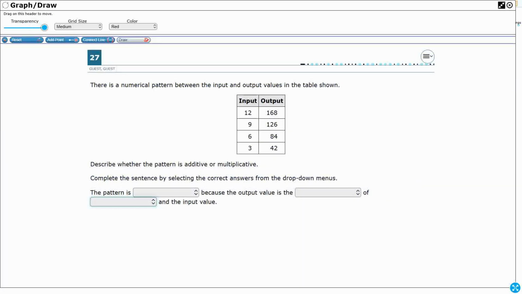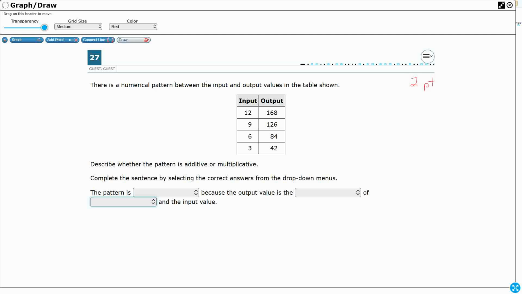All right, so we have a sentence that we need to complete here. There are 3 different choices, and let me tell you how the points work. This is a 2-point problem, so if you get all 3 correct, you're going to get both points. If you only get 2 correct, you're going to get 1 point, and you get 0 points if you get 0 or even 1 out of the 3 correct.